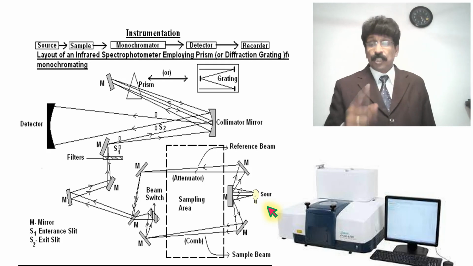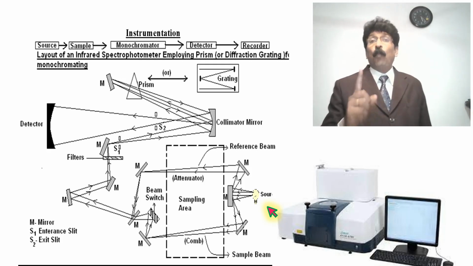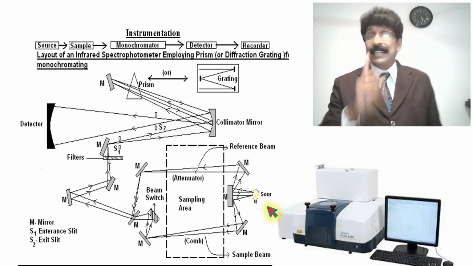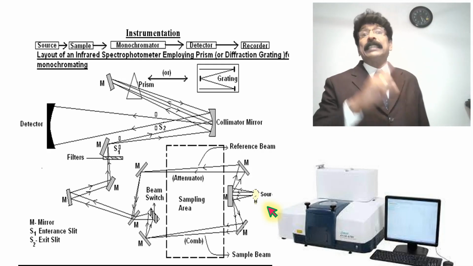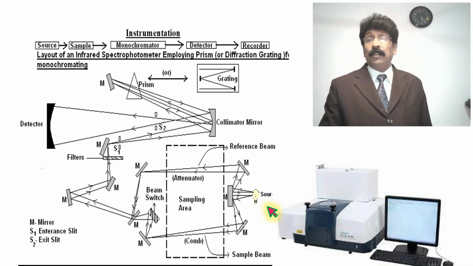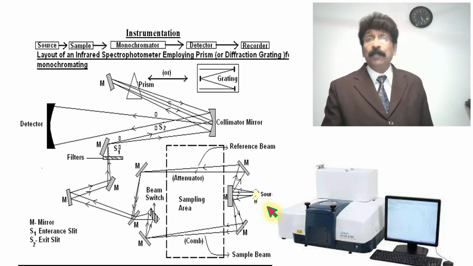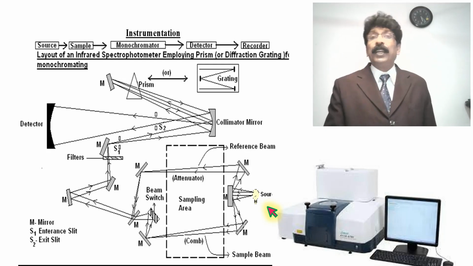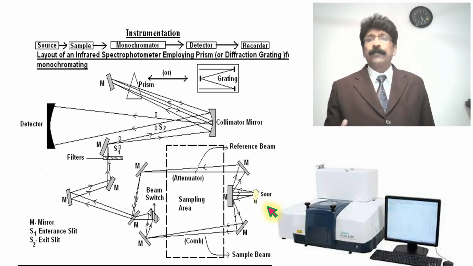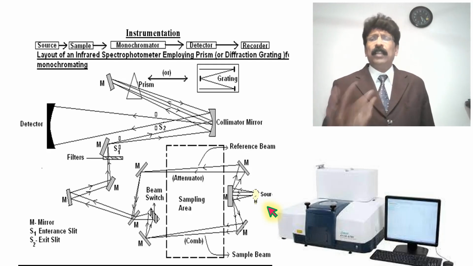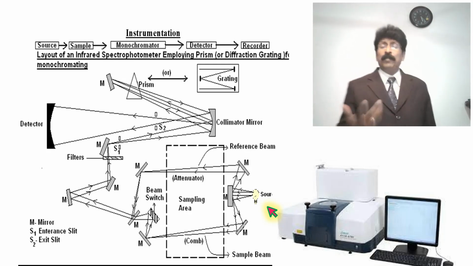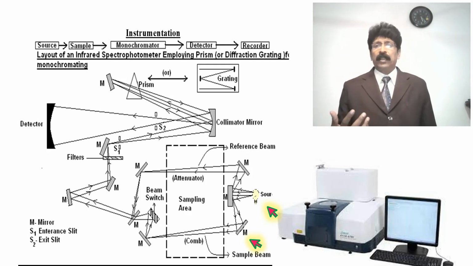So the source is different from what you have studied in UV. We can say tungsten lamp can be used for visible. For UV, hydrogen lamp can be used. For fluorimetry we can use mercury lamp. For visible radiation even a mercury lamp can be used. But here it is not so.